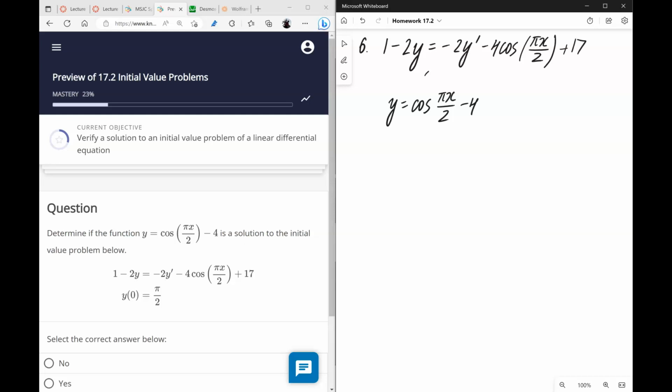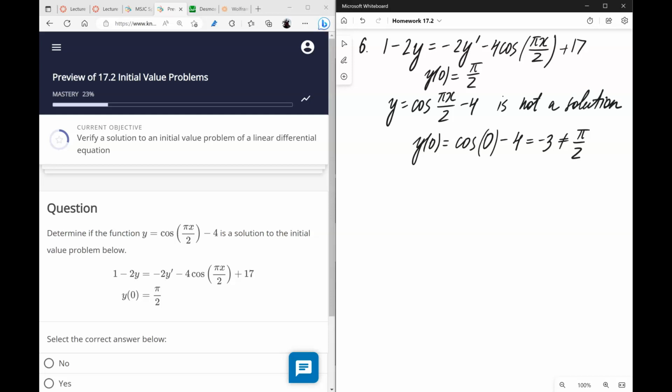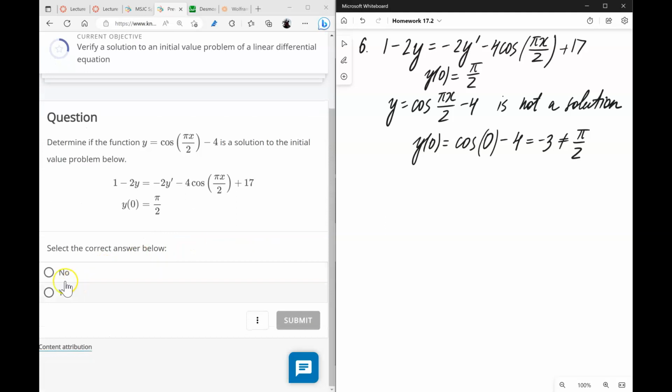This is the initial condition. So first thing we do, we plug in 0 to check if it works. And it is not equal to pi over 2. So this is not a solution because it doesn't satisfy the initial value condition.